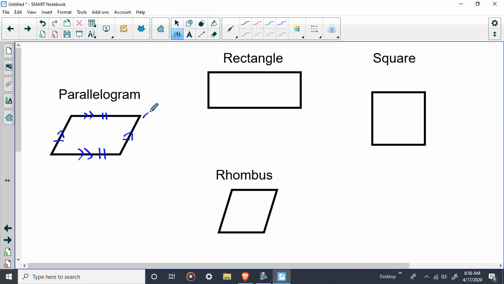Okay. All right. Now, in the parallelogram family, there's these two things. From here, you can either go to rectangle, you can go to rhombus. Now, a rectangle is a parallelogram. Everything on this page right here is a parallelogram. A rectangle is a type of parallelogram because both of those things that we just said are true.